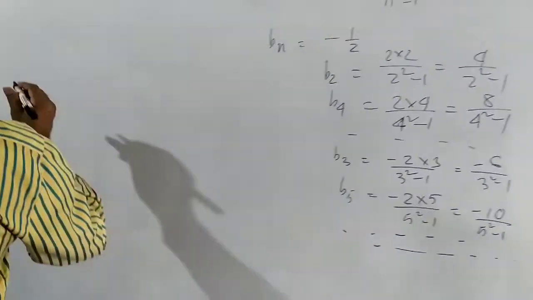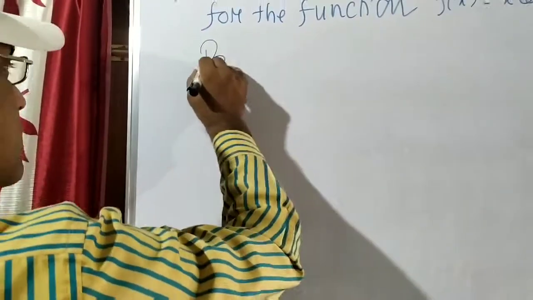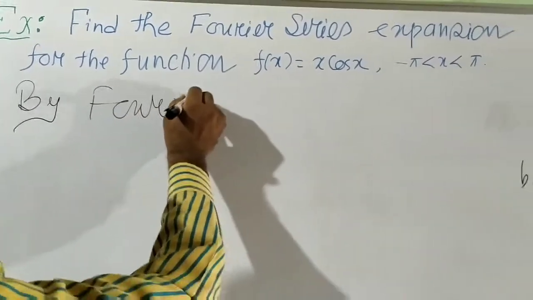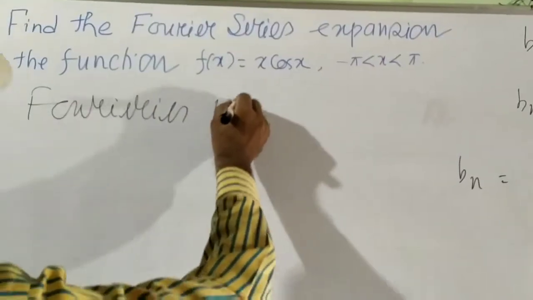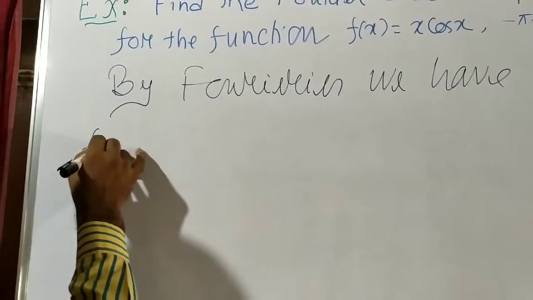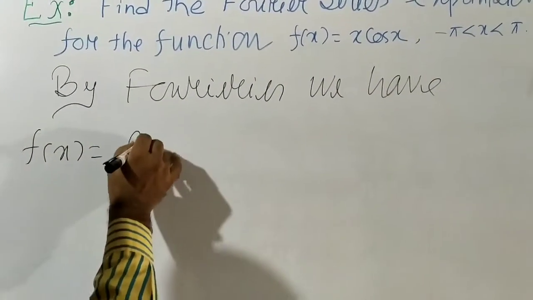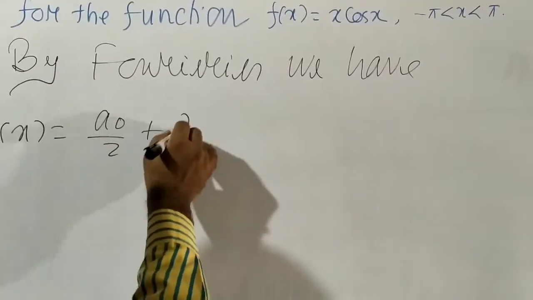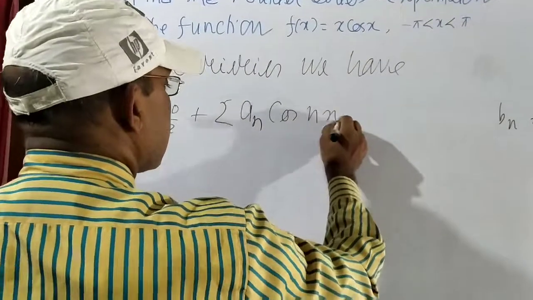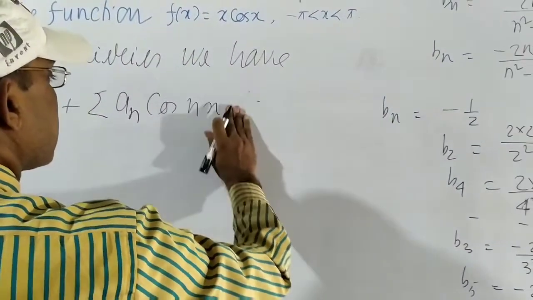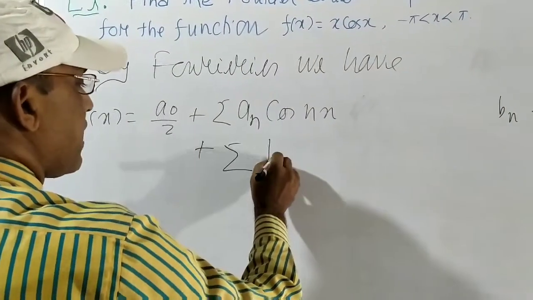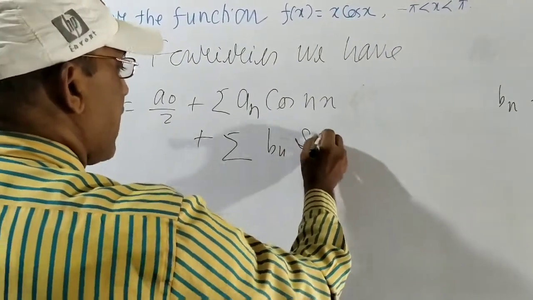Now by Fourier series we have f of x equal to a naught by 2 plus summation a n cos nx plus summation bn sin nx.